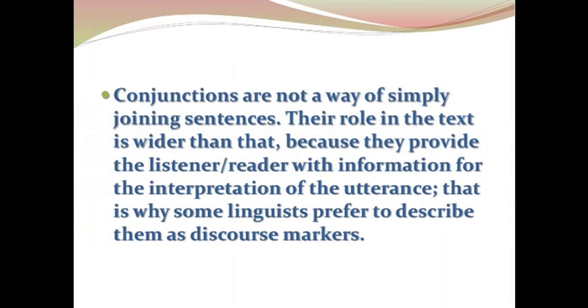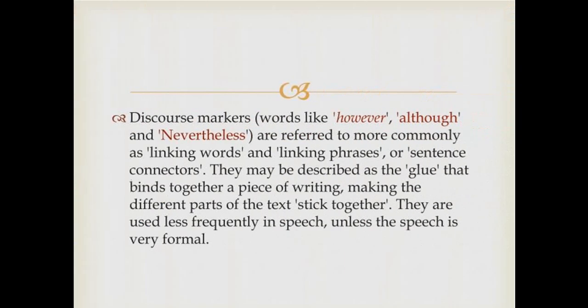Conjunctions are not a way of simply joining sentences. Their role in the text is wider than that, because they provide the listener or reader with information for the interpretation of the utterance. That is why some linguists prefer to describe them as discourse markers.